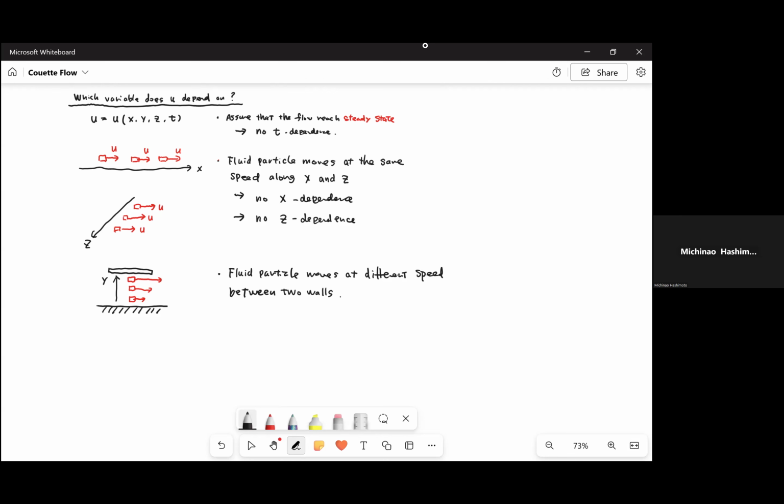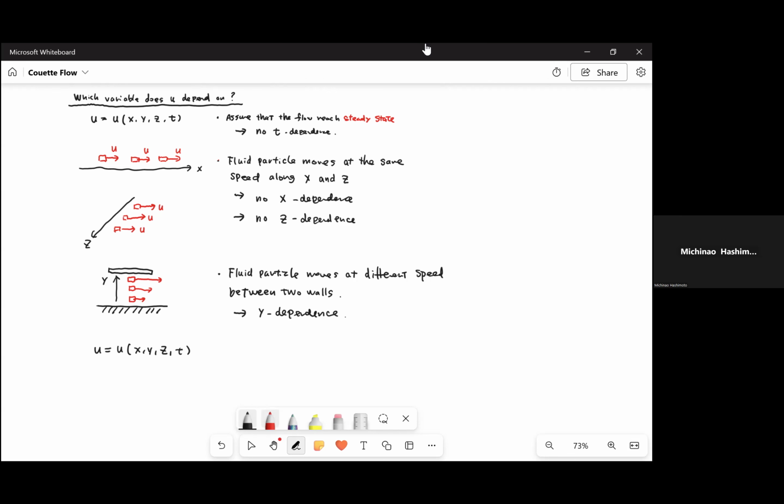Okay, so really it depends on the y. So it's y dependence. This is really good. In fact, this argument tells you that originally we thought u equals u of x, y, z, and t.